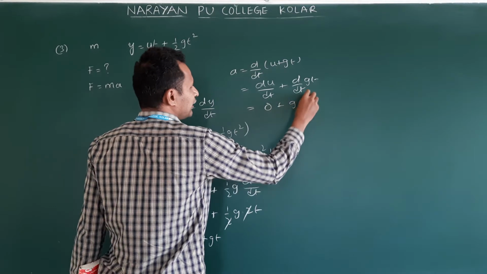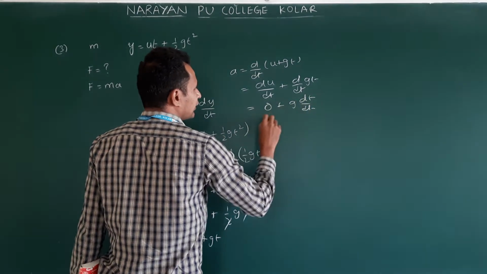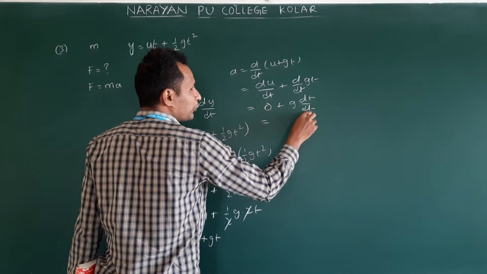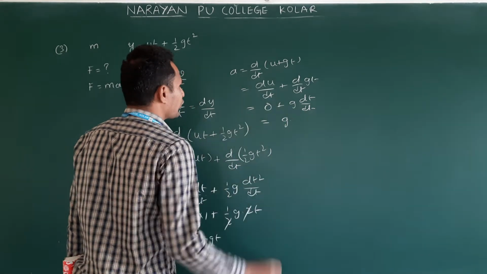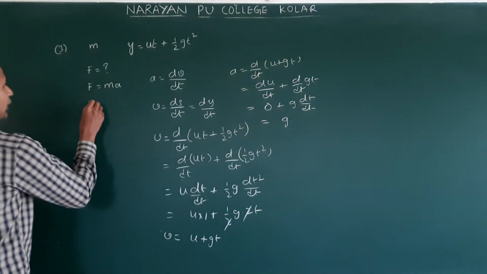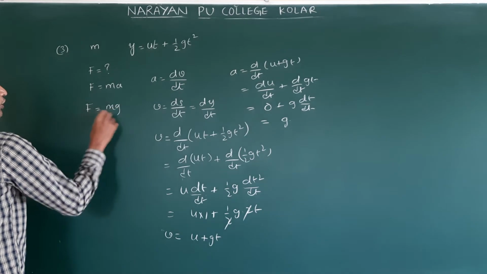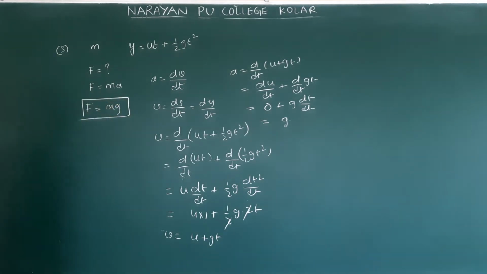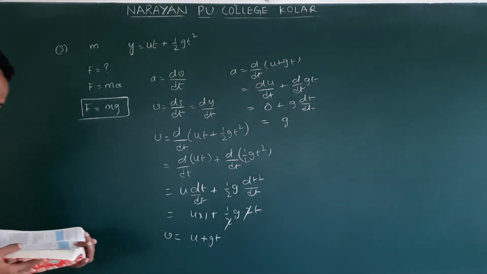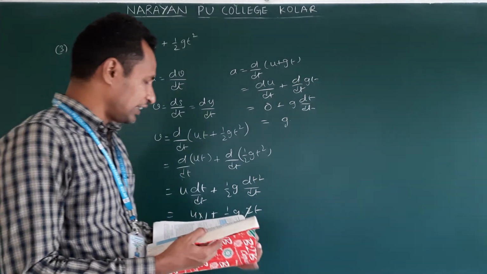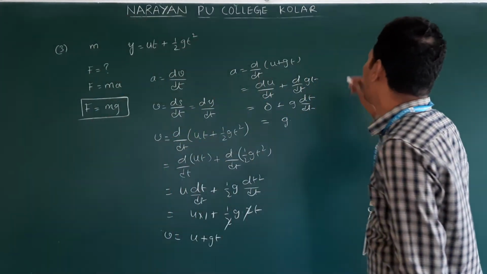Plus g dt by dt, which is 1, so g into 1 is g. So the value of a is g, and F is equal to mg. That is the force acting on the object, mg. Understand?